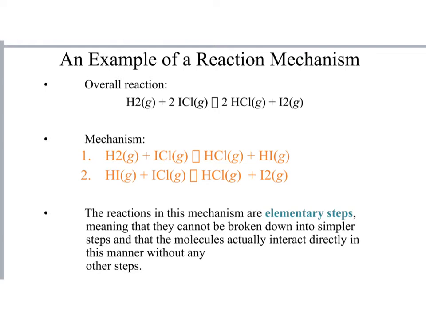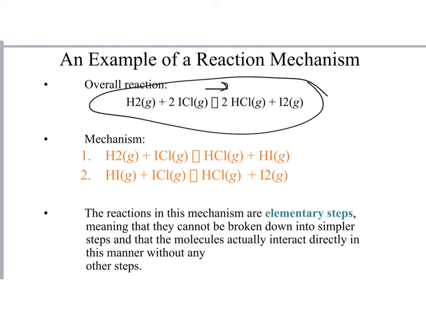So if we look at a reaction like this one, where we've got H2 and 2 ICl, and that forms 2 HCl and 1 I2, and this should actually be a forward arrow here, and here, and here. The mechanism for this can be described this way. First, you've got H2 and ICl, and you form HCl and HI.